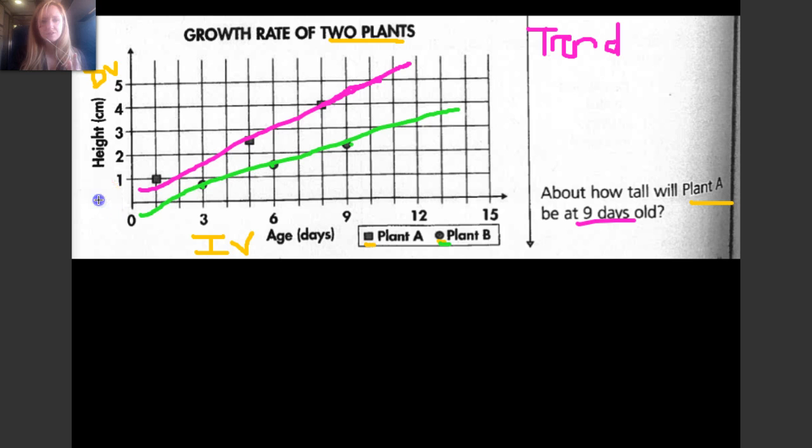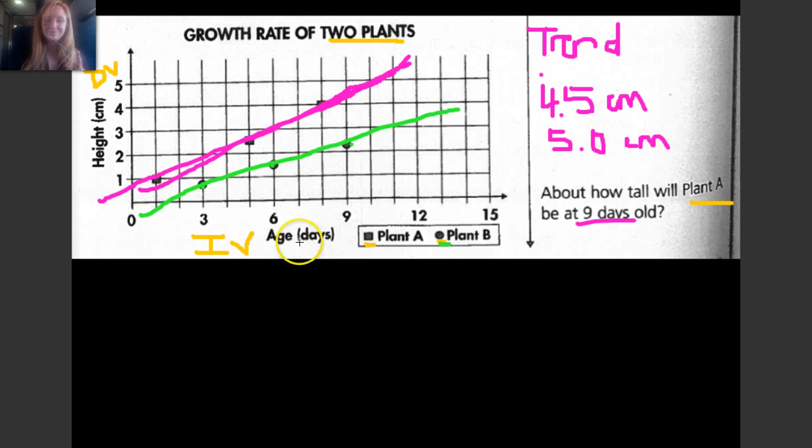So if I was to make a straighter line, let me try again. I still end up at 4. But I can say anything from about 4.5 centimeters with the line I drew, anywhere to about 5.0 centimeters I would accept. There we go. Okay.